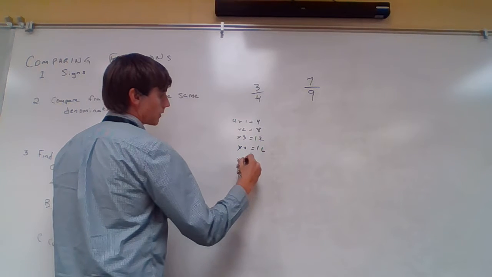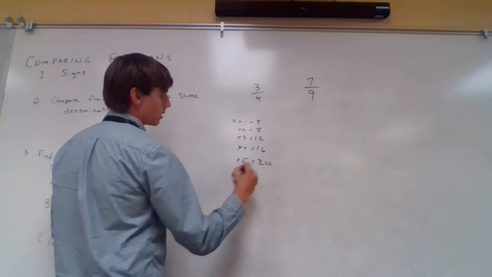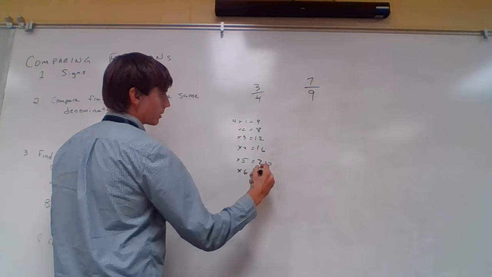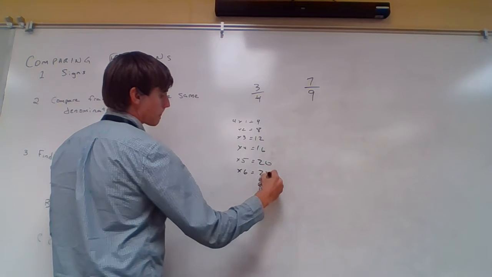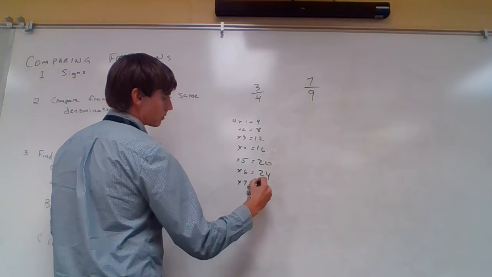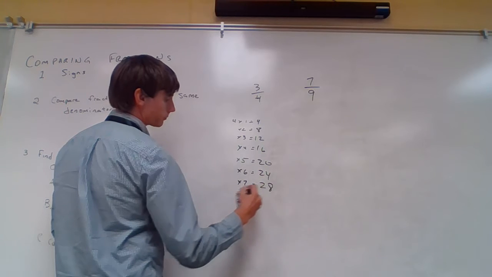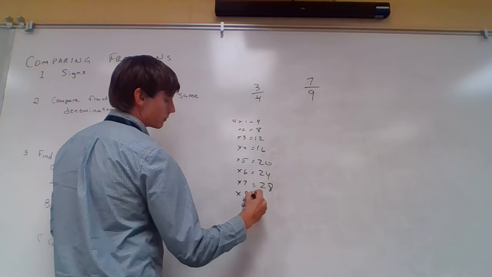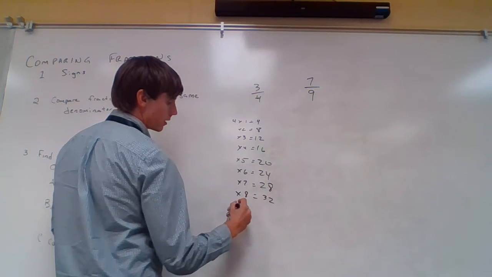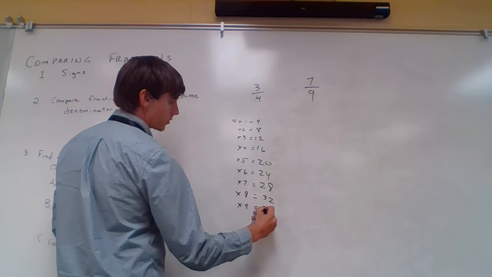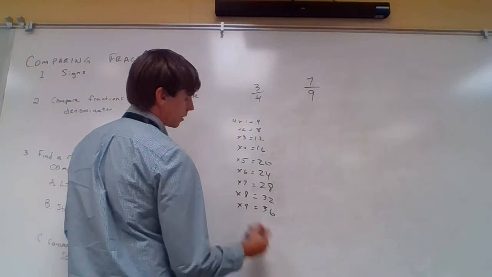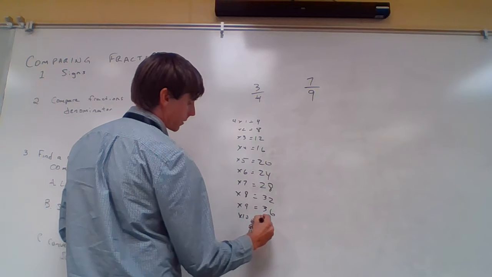Times 5, 20. Times 6, we're going to keep going, is 24. Times 7, 28. Times 8, 32. Times 9, 36. Okay. And if we did times 10, it'd be 40.